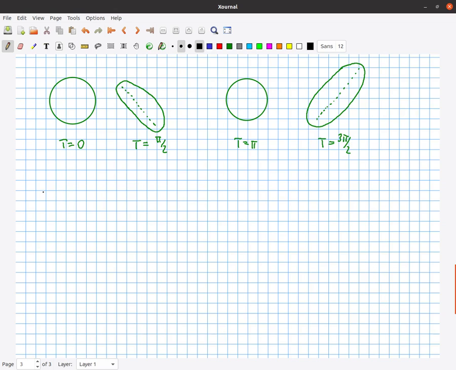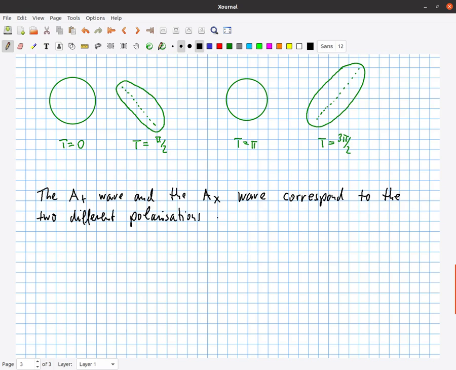And what we are seeing here is that the A plus wave and the A cross wave correspond to the two different polarizations of the gravitational wave.